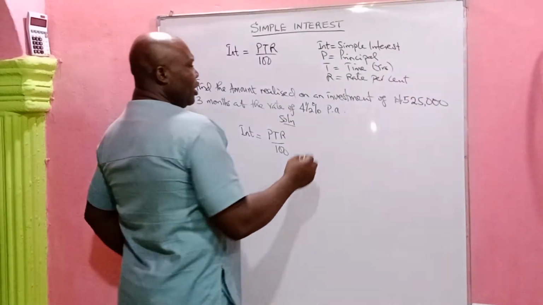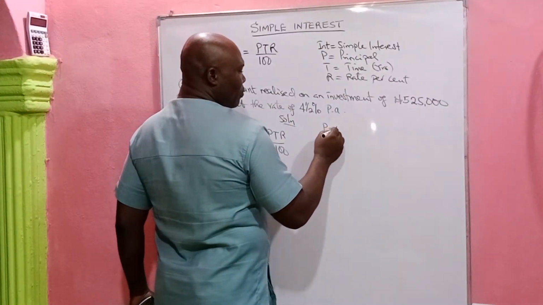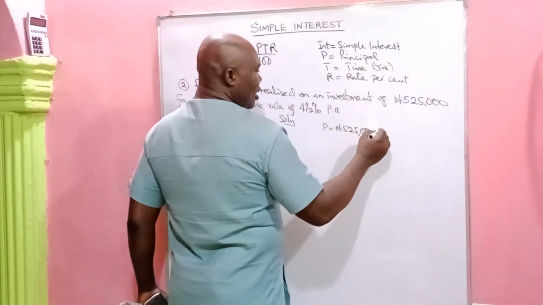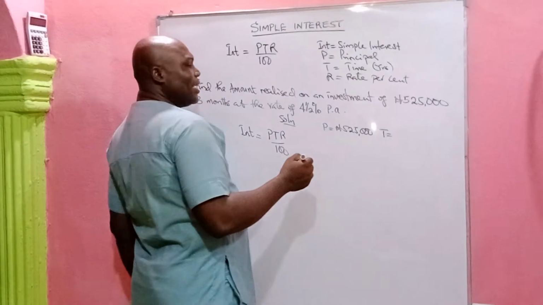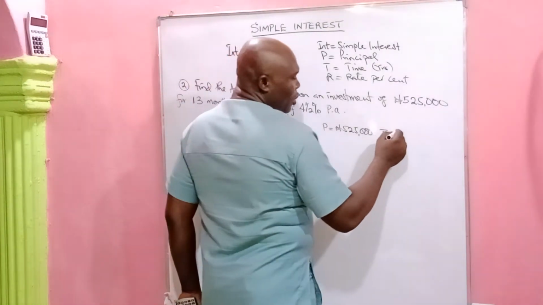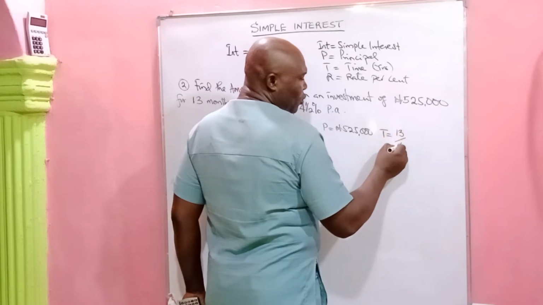So the first thing we need to know is the principal sum, which is 525,000 naira. The time here is 13 months. If you want to convert 13 months to years, you divide 13 by 12.